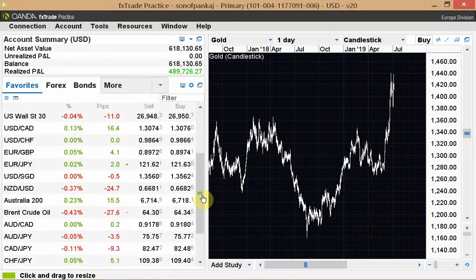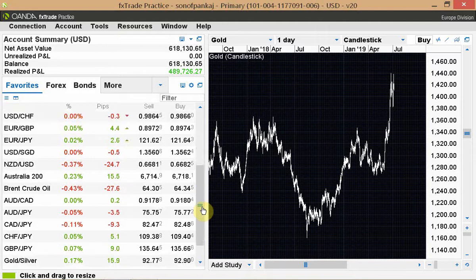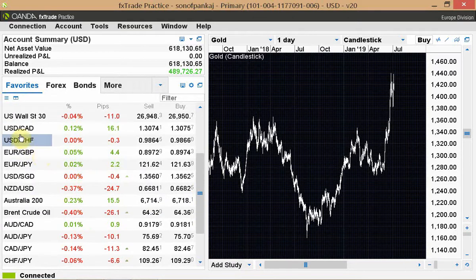You can see all the possible combinations: sterling yen, Swiss yen, Canada yen, Aussie CAD, Kiwi dollar, Singapore dollar, Euro yen, Euro sterling, dollar Canada, dollar Swiss.